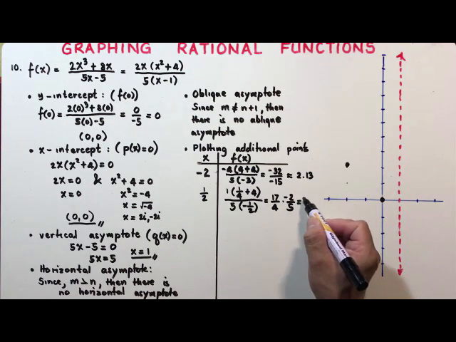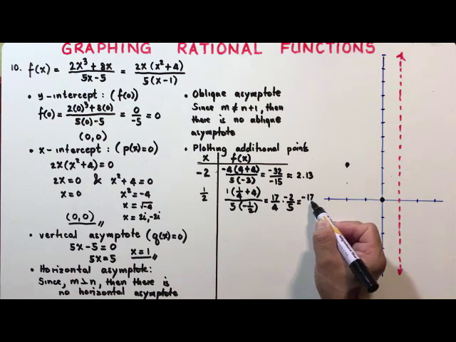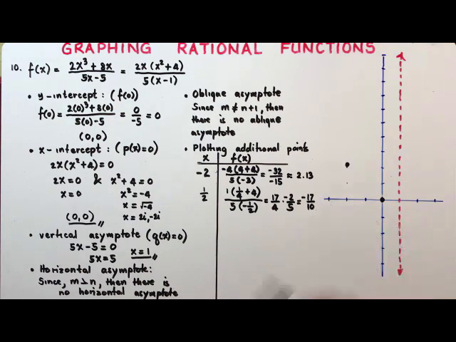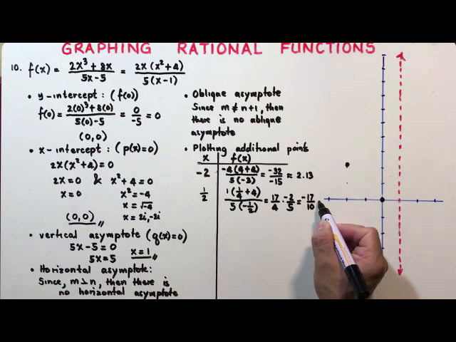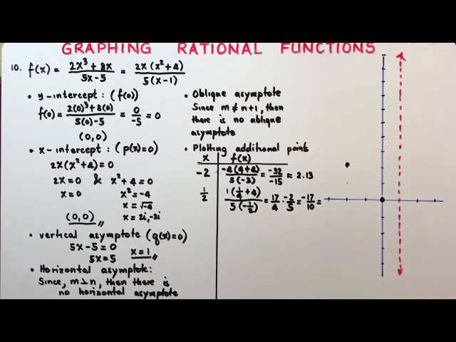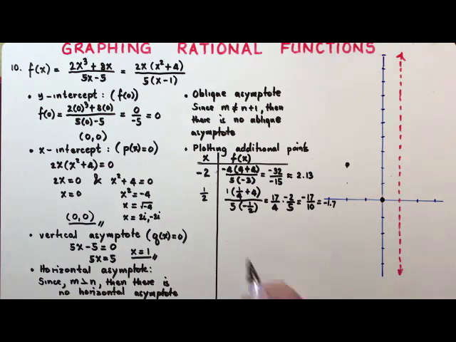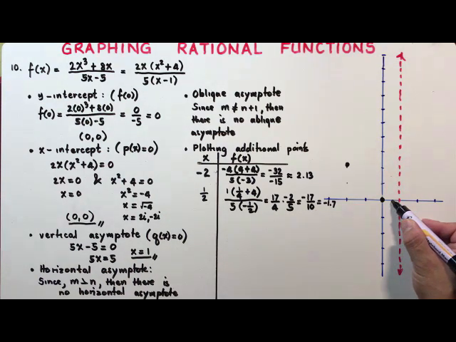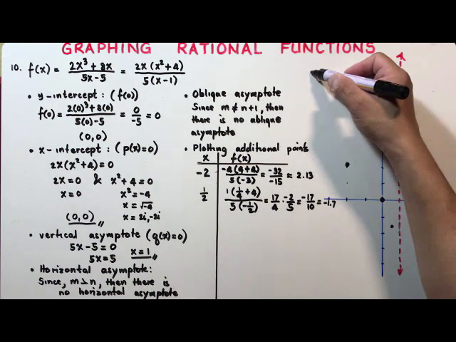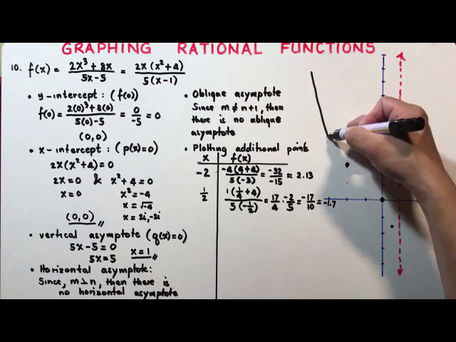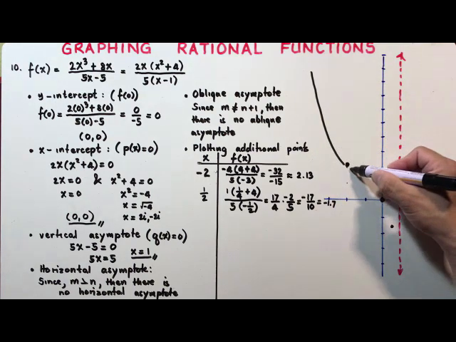So simplifying this one, this is negative 17/10. And you can check that this is equal in decimal to negative 1.7. So when your x is 1/2, your y is negative 1.7. It's here. So with this information, we can approximate the behavior of the function to be like this.